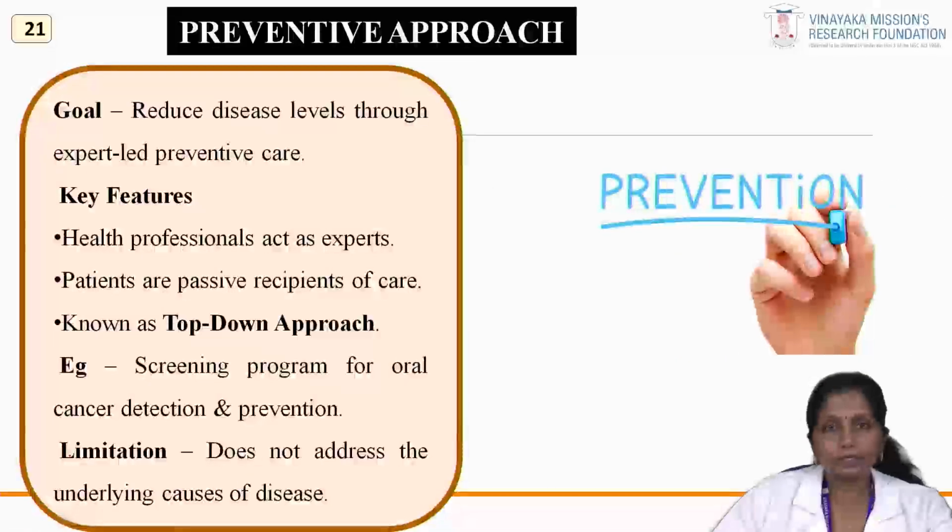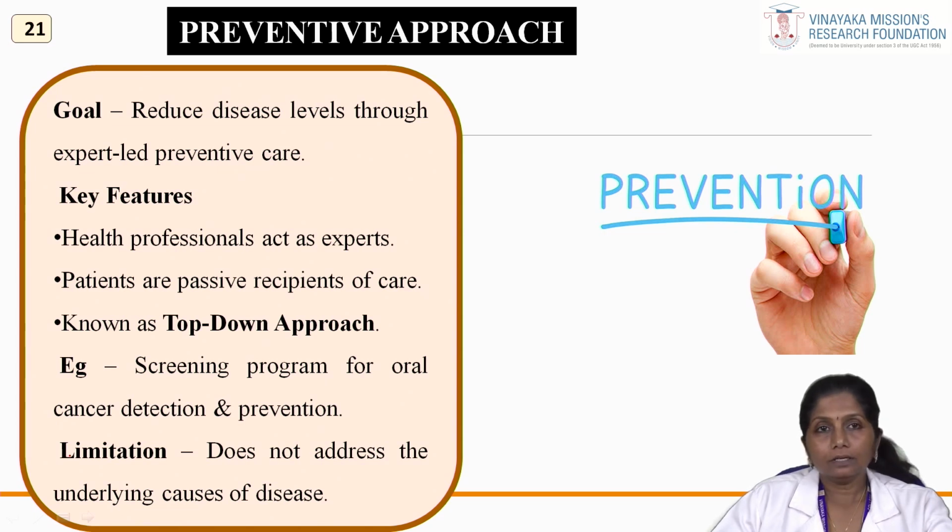The next one, the third, is the preventive approach. Here the approach aims to reduce disease levels by taking action before the illness occurs. For example, let's take oral cancer screening programs. These screening programs are conducted to detect early lesions and provide preventive measures.